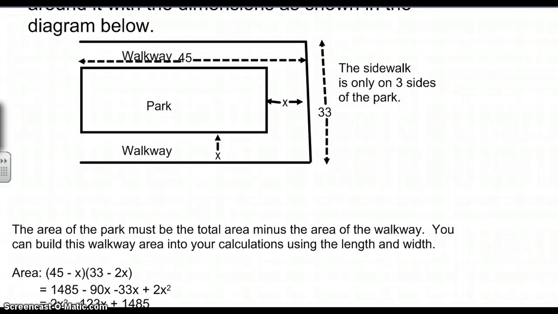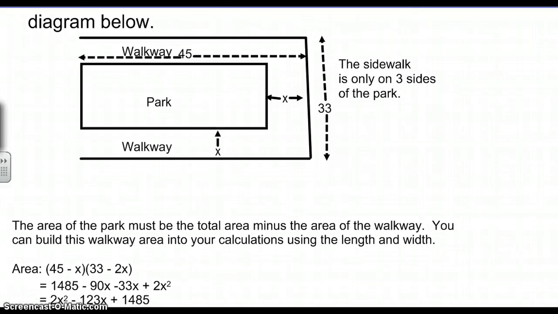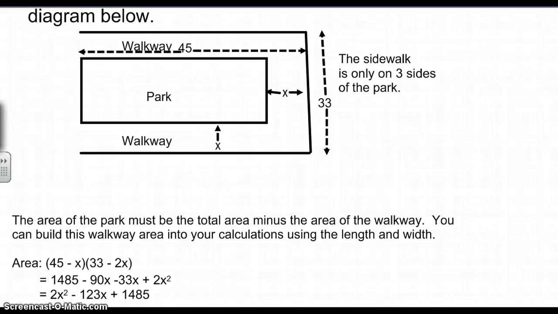So you can build the walkway area into your calculations. If you look at length times width, well, the length of the park is 45 minus the x, that's that sidewalk on the right-hand side. And the width is the 33, which is the whole thing, the sidewalk, the park, the sidewalk, or walkway. So that's 33 minus 2x. You've got an x on the top and an x on the bottom. So you have to subtract those two x's to get the actual height of the park.